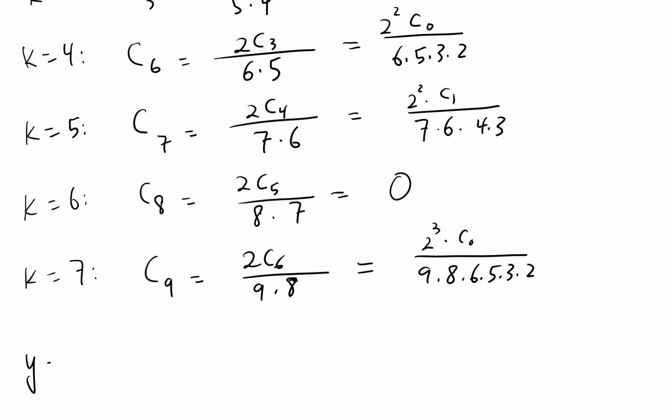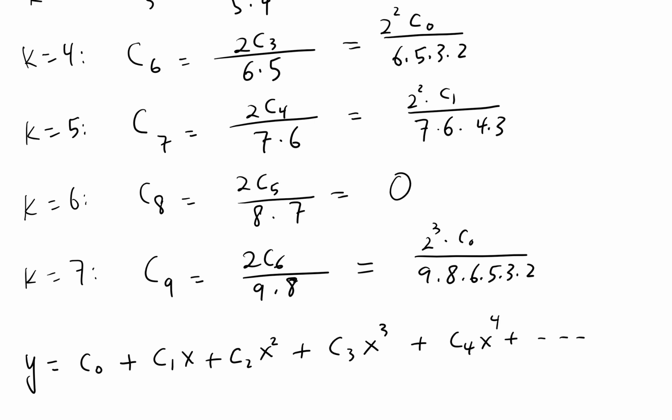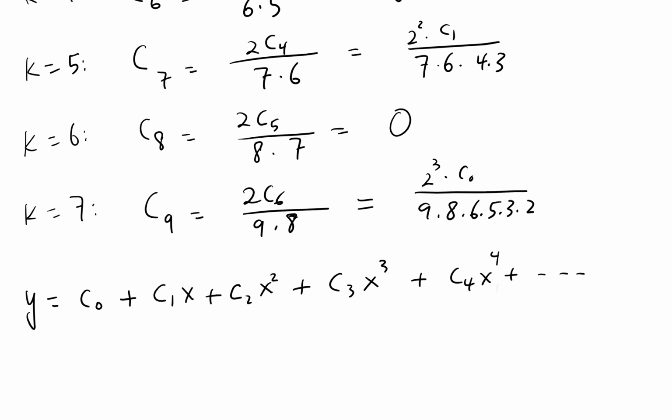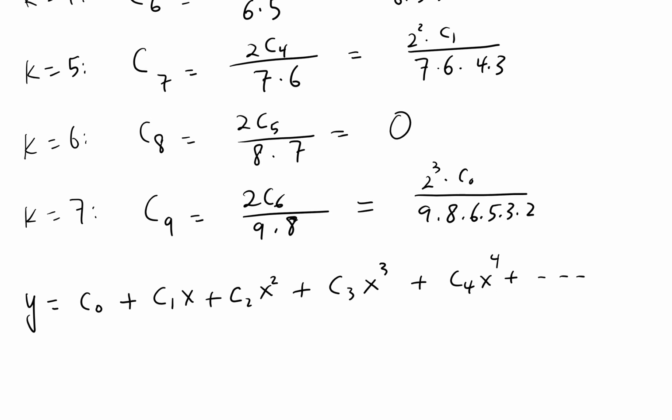Now remember how we solved it in the previous section: y equals c0 plus c1 x plus c2 x squared plus c3 x cubed plus c4 x to the 4th, and so on. c0 and c1, nothing changes.